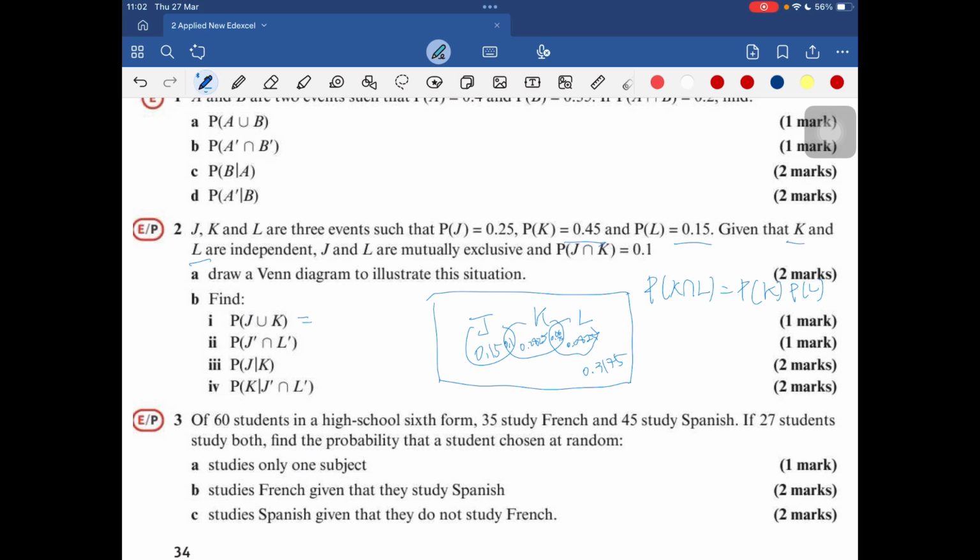Actually, this is easy: J plus K minus the intersection. So 0.7 minus 0.6. So out of J and out of L, this is out of J and out of K.